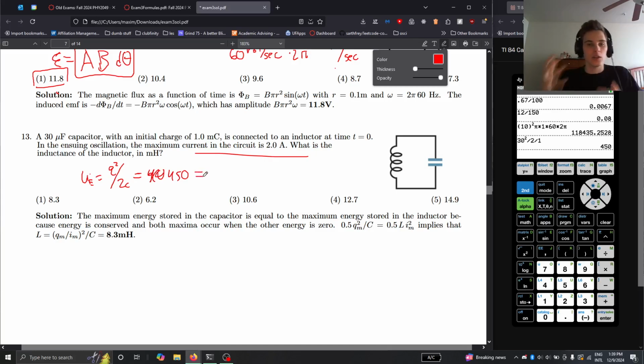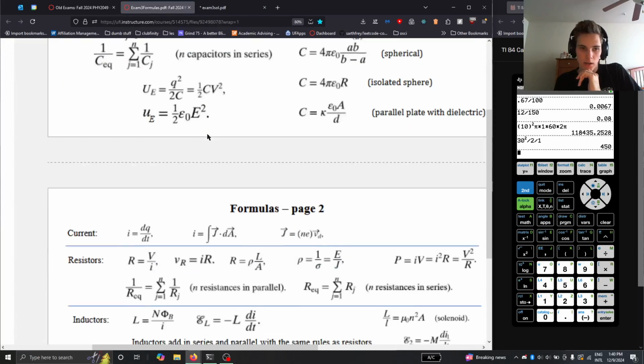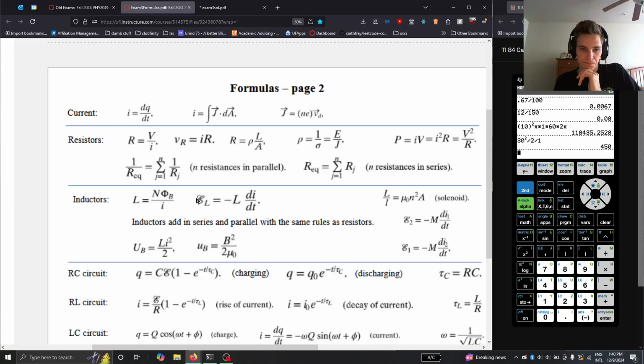So we need this same energy later into the oscillations, right? At this point, we have the maximum current in the circuit being 2 amps. That occurs when everything is in the inductor.